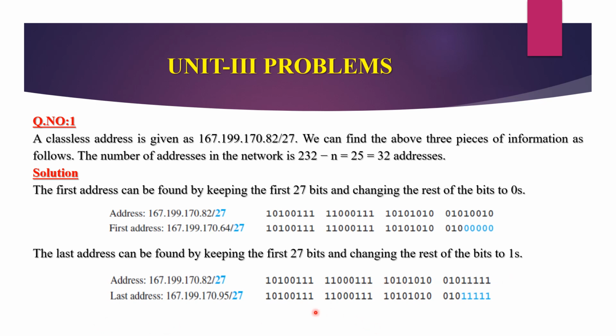For the last address, we keep the first 27 bits as such, and the last 5 bits we change to 1. So this is the last address for the given classless address.